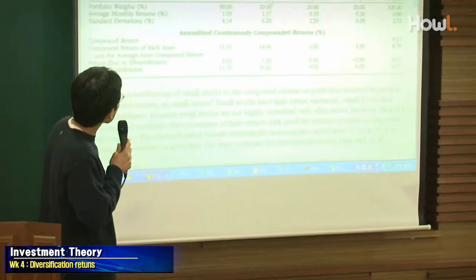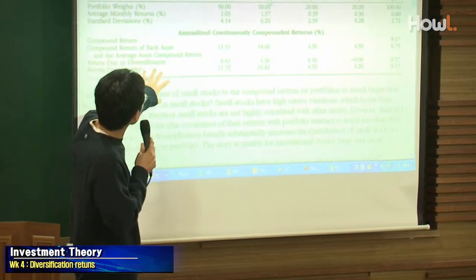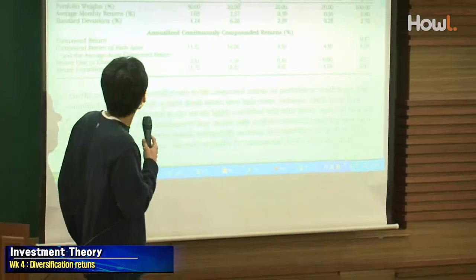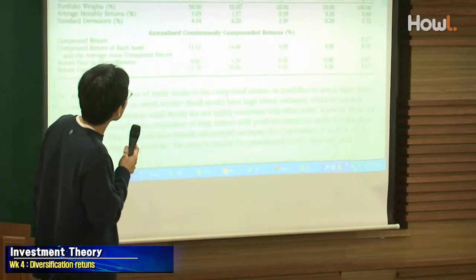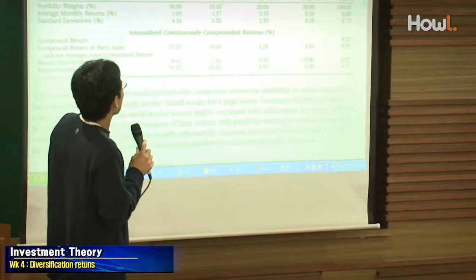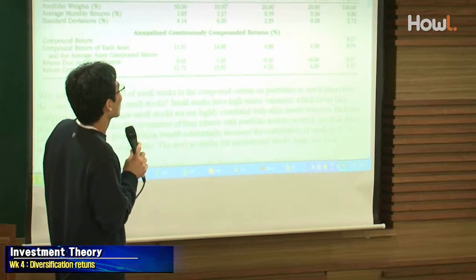But if we take a look at the individual asset classes, the compound return of each asset given this monthly return is actually 11% for S&P 500, 14% for small cap, 4.4% for long-term bond, and 4.3% for cash.